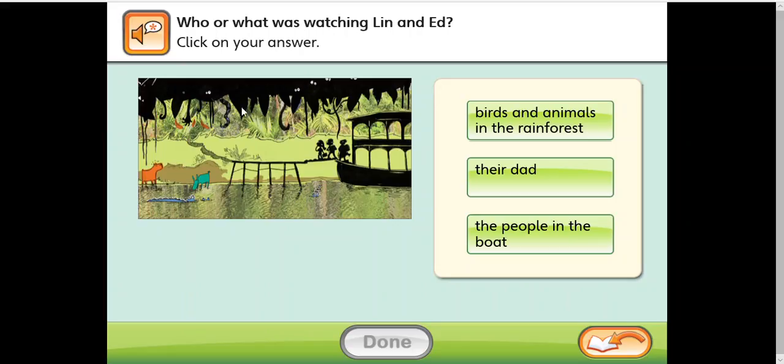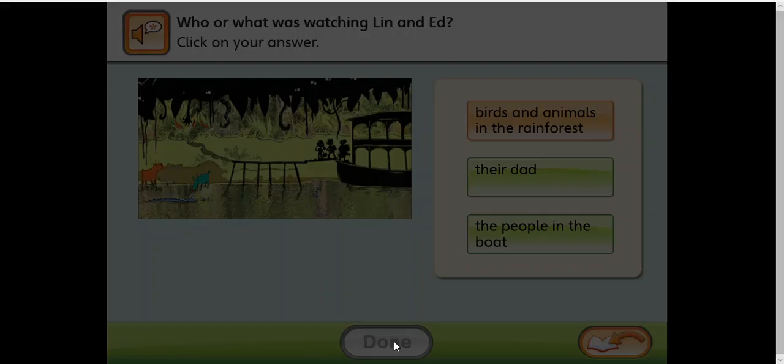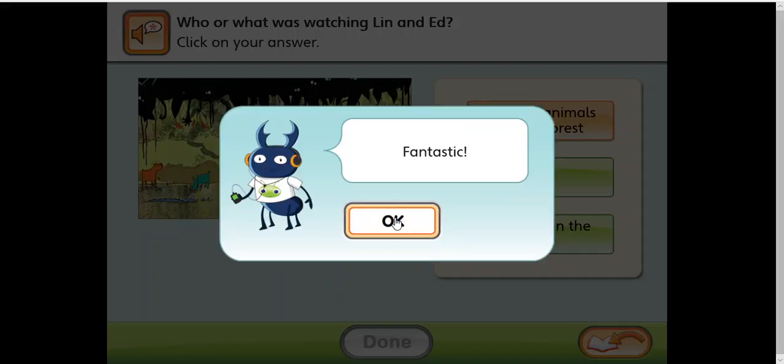Here we have some eyes, and the eyes are looking at the people getting off the boat. So, who or what are these things? Birds and animals in the forest, their dad, the people on the boat. What's your guess? Correct. Birds and animals in the rainforest. Fantastic! Let's go back to the book.